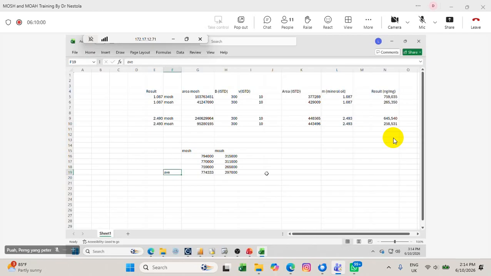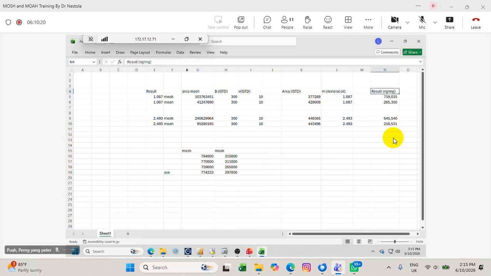So this is finally divided by the amount of the sample. In this case, our sample was mineral oil. This is why this formula looks like that. And in the end, it's already in the final unit milligram per kilogram. So that's the formula used for all types of quantitation.